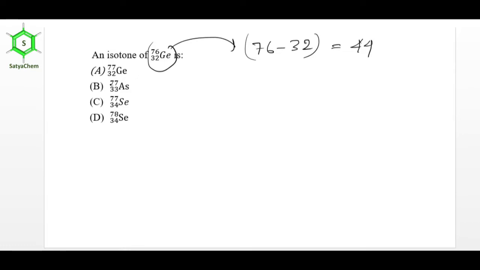Now you have to count the neutrons for each nucleus. From option B it is clear that the number of neutrons in this arsenic nucleus is 77 minus 33 equal to 44. So option B is the correct option.